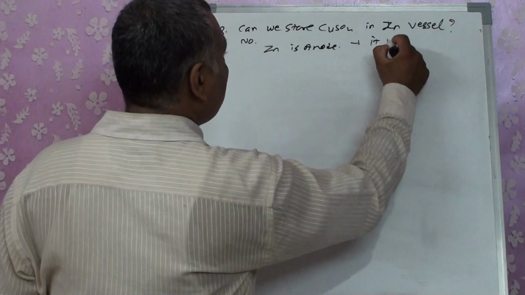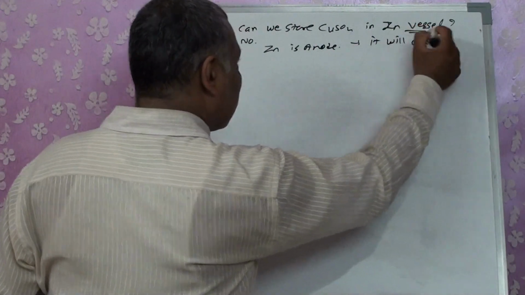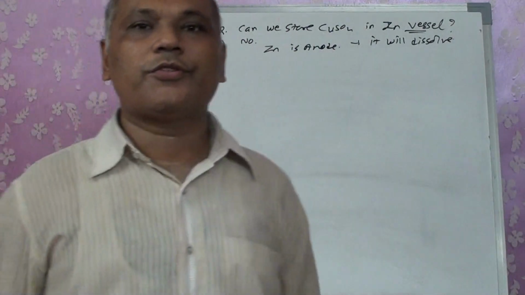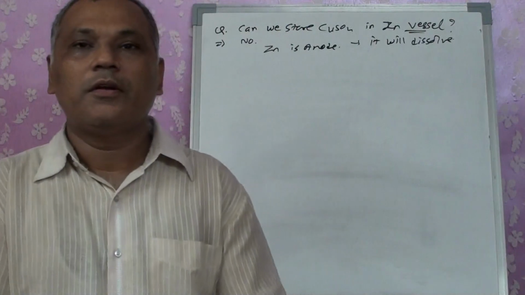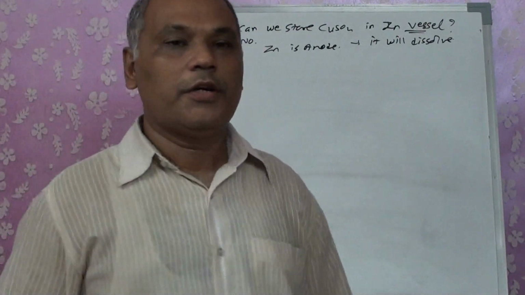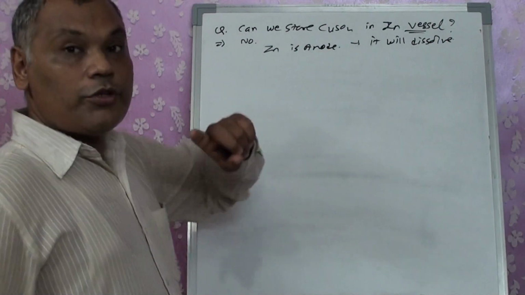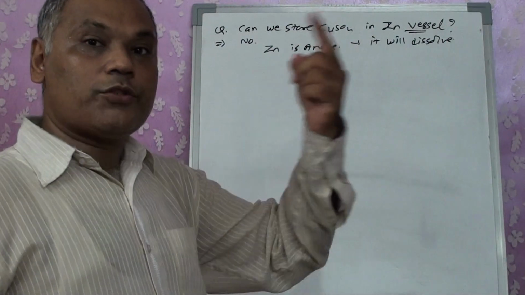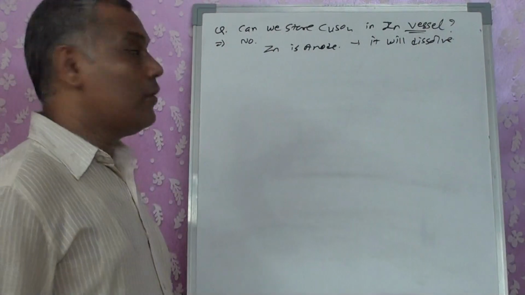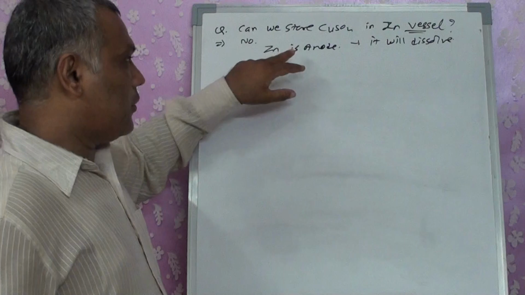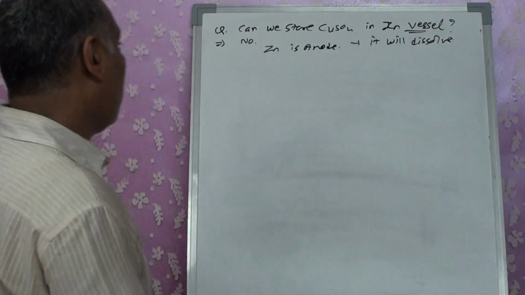It will dissolve. Now if the vessel dissolves, how can I store the solution in it? The vessel is going to dissolve. That's the reason why we can say that the solution of anode can be stored in the vessel of cathode, but the solution of cathode cannot be stored in the vessel of anode.